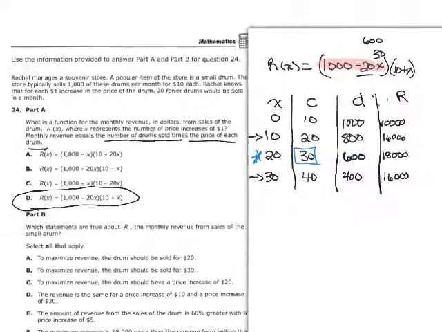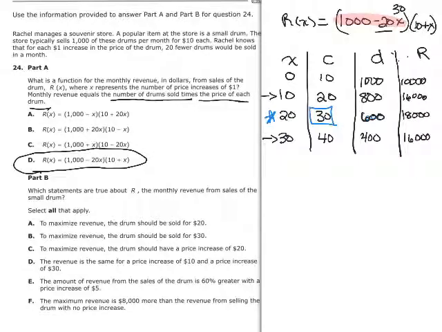So now let's look back over here at part B. To maximize the revenue, the drum should be sold for a total of 20. Nope, that didn't do it for us. To maximize the revenue, the drum should be sold for a total of 30. Yes, that's one of the choices we're looking for. How about to maximize the revenue, the drum should have a price increase of 20?